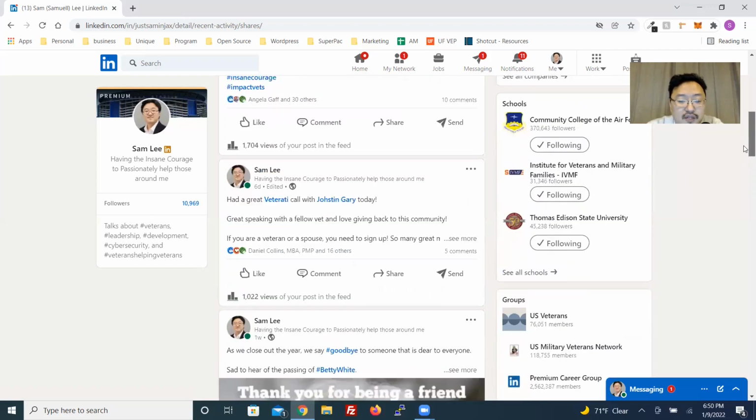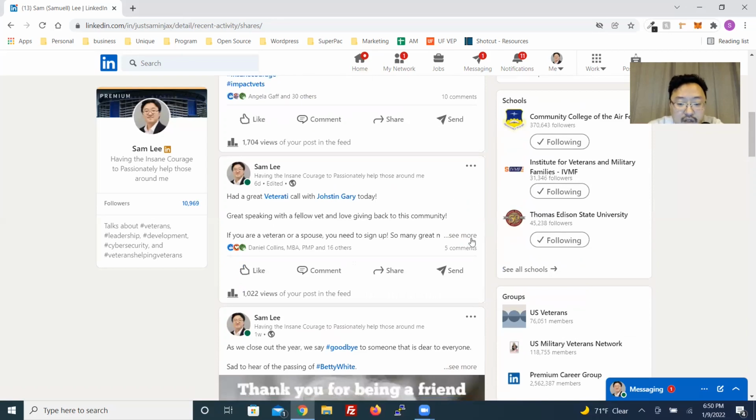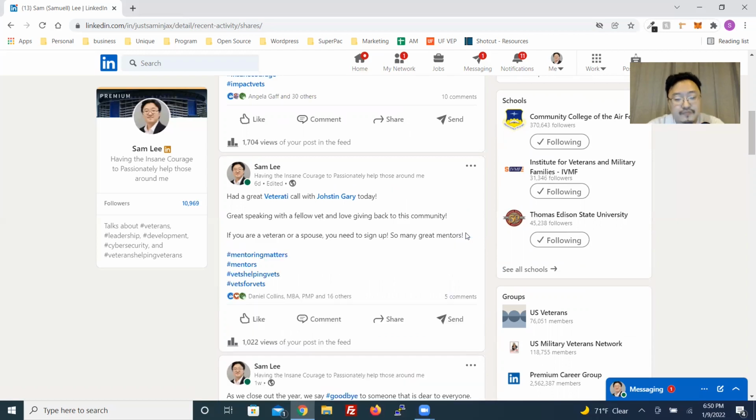Or the other part of it is interaction once again. So you see the see more button. That button comes up at about the third to fifth line. So the second I click on see more, I've interacted with that post, which means I've gotten credit for it. Okay. So what you want to do is force some kind of interaction.